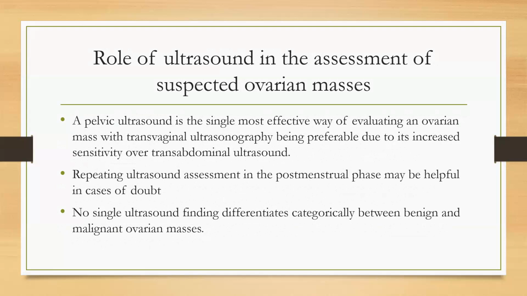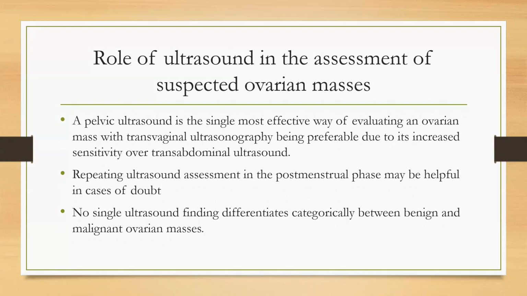Now we will discuss the role of TVS. As we know, in the postmenopausal group, TVS is the single most effective way of evaluating ovarian mass. It is the same in the premenopausal woman, with transvaginal ultrasonography being preferable due to its increased sensitivity over transabdominal ultrasound. We can use transabdominal ultrasound along with the TVS if the cyst is too large to be evaluated by TVS, a huge cyst, to supplement the information.